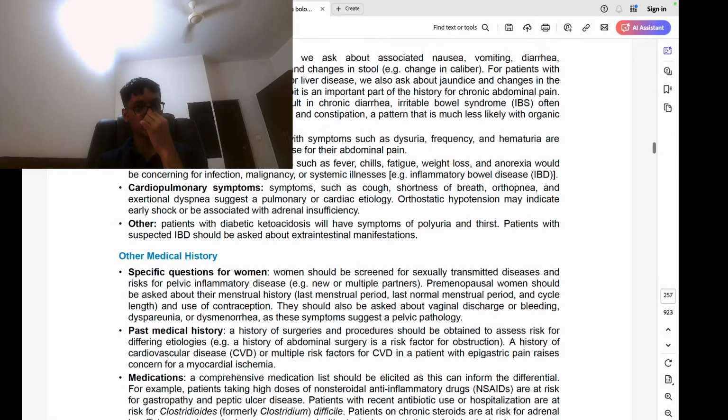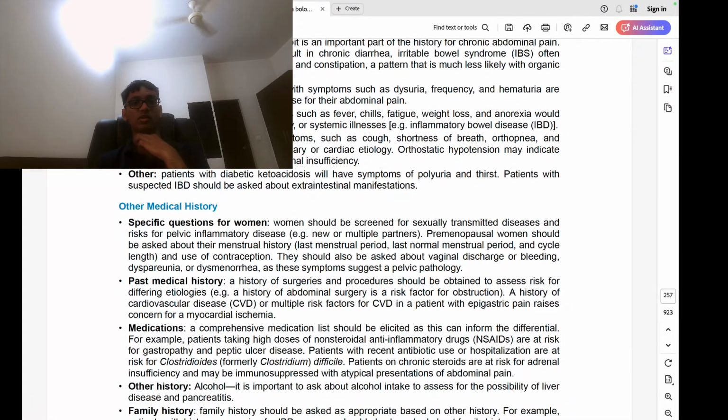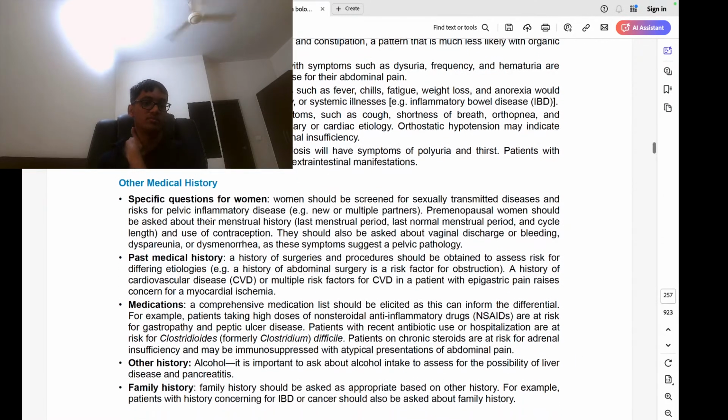Genitourinary symptoms such as dysuria, frequency, and hematuria are likely to cause abdominal pain. Constitutional symptoms such as fever and chills you have to check, for example, for systemic illness, malignancy, or systemic illness like inflammatory bowel disease and infection.